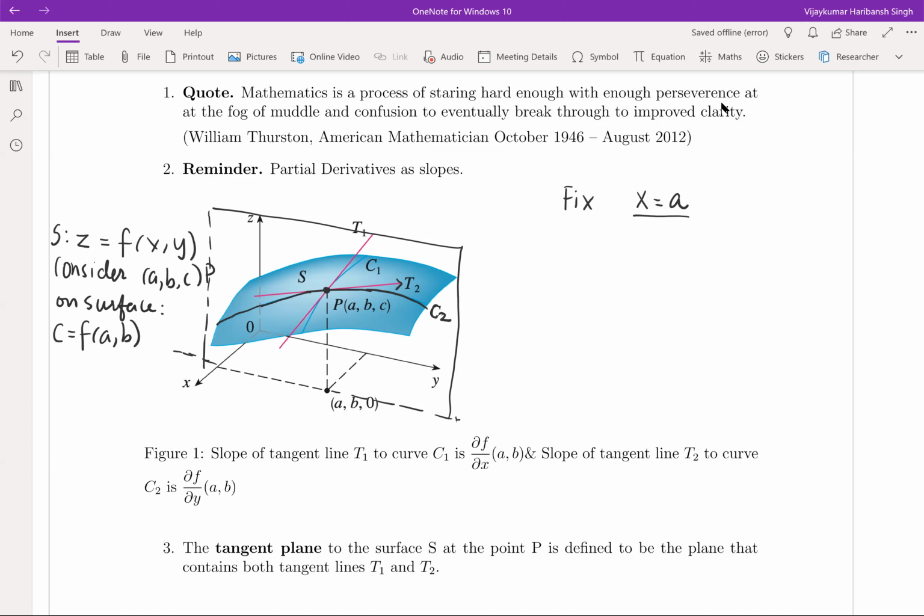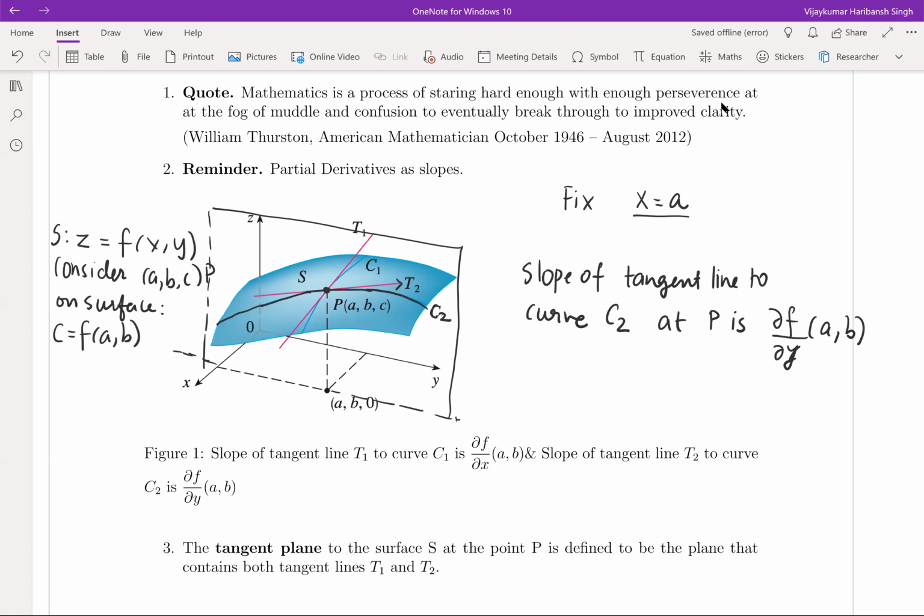Now what is the slope of the tangent line to curve C2 at P? You are fixing x equals a, so x equals a is fixed, and you're seeing the change in y. And if you recall, that is the partial derivative of f with respect to y at (a, b).